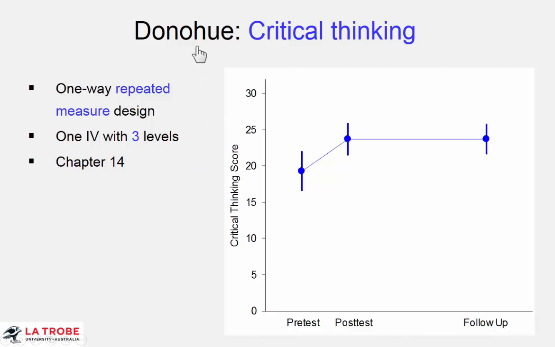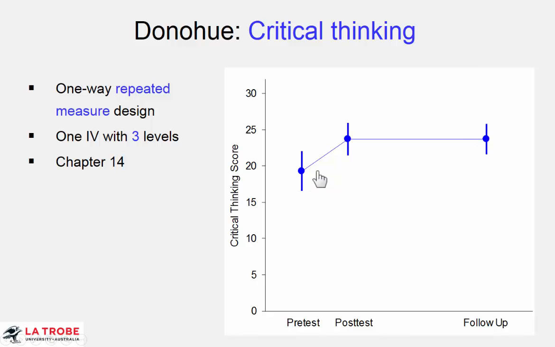And the example in the chapter is a critical thinking study by Donahue, where a single group of participants were given a pre-test, then some critical thinking training, then post-test, and then a while later follow-up to see how well the gains in critical thinking ability held up over time.